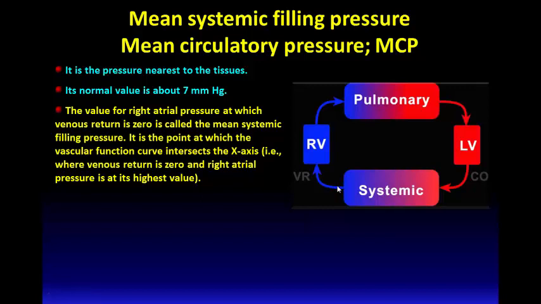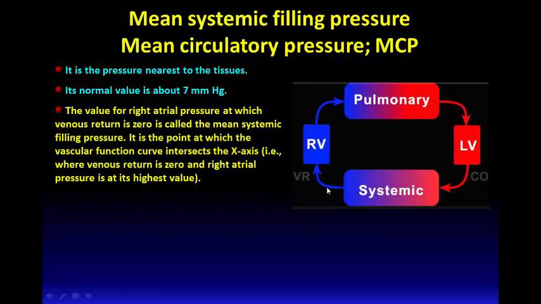It's difficult to measure this pressure, however, we determine it indirectly. The value for the right atrial pressure at which venous return is 0 is called the mean systemic filling pressure.